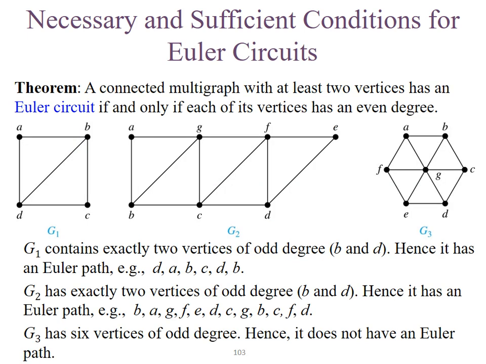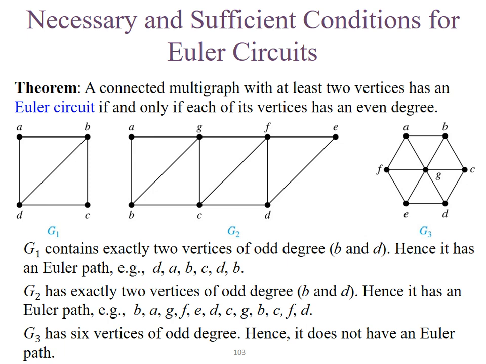So maybe we can check these examples again, because for G1, we have 2, 3, 2, 3. So we have exactly two vertices with odd degree. Actually, those are the initial vertex and the end vertex. So maybe we can travel B, A, B, C, D. Okay, so that will be an Euler path.